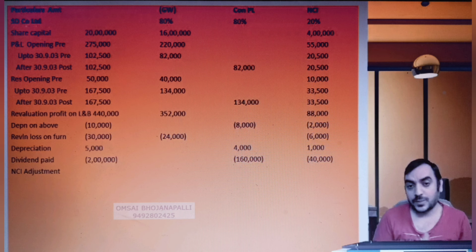We should provide depreciation. In this problem, what is the rate of depreciation for land and building?